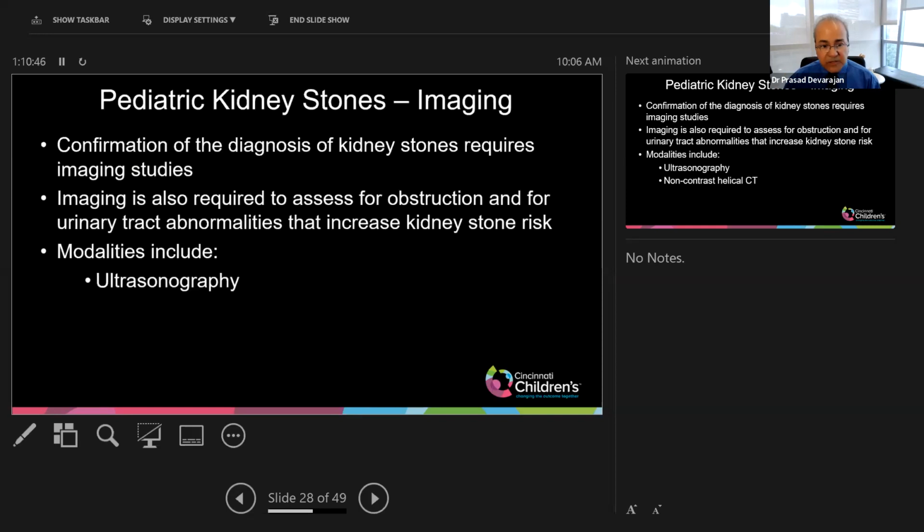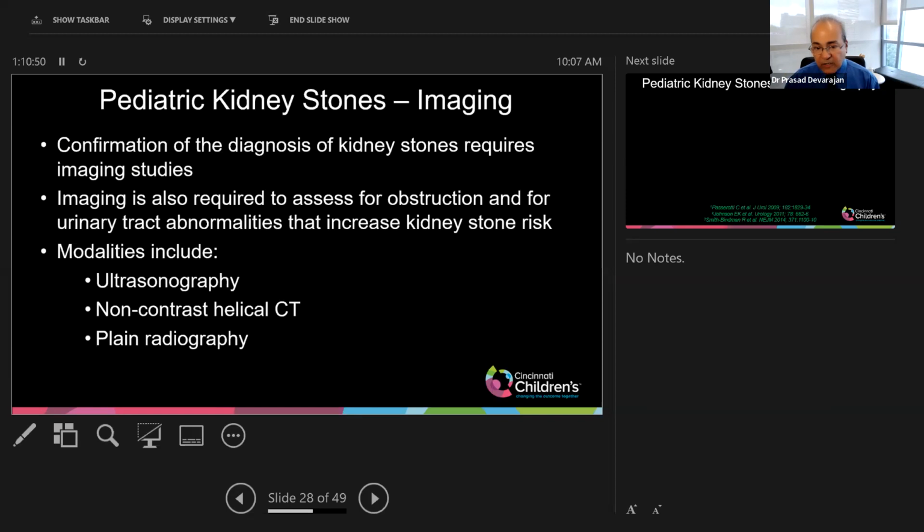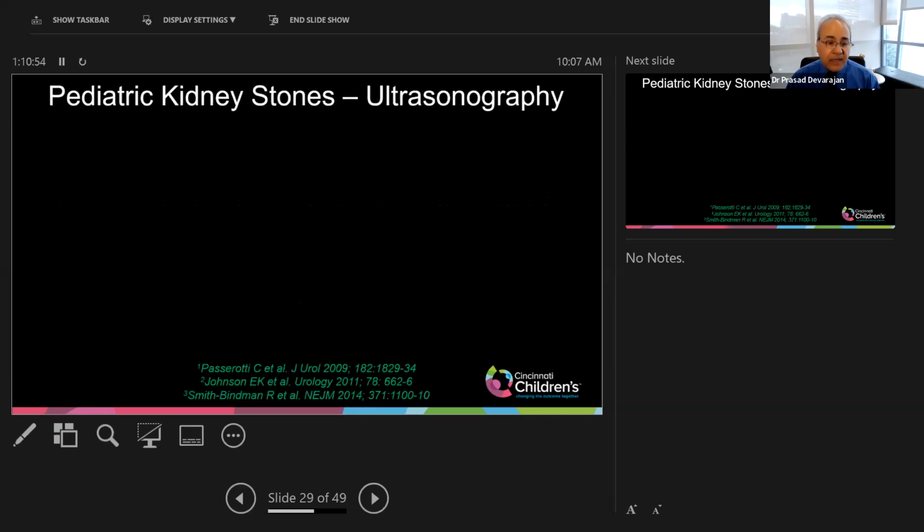And we can do ultrasounds, we can do non-contrast helical CTs, and we can do plain radiography. Very briefly to go over these imaging modalities, the preferred modality is ultrasound. And it's usually the initial imaging modality of choice, and we strongly recommend that.